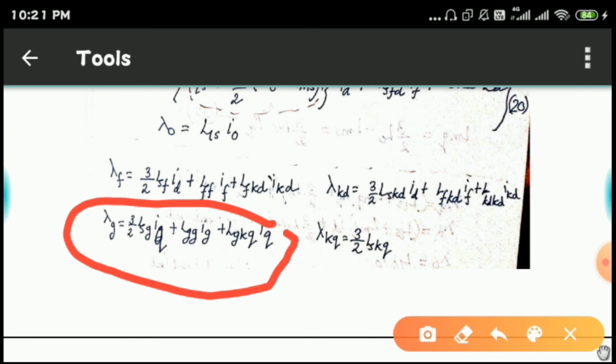The index of these individual inductances is very simple.